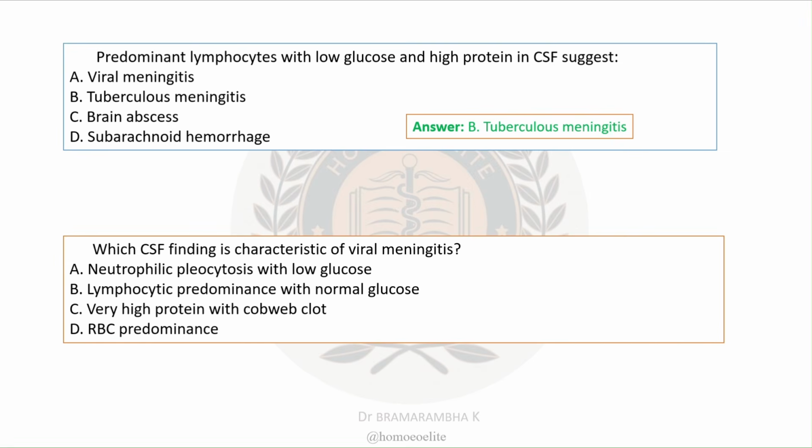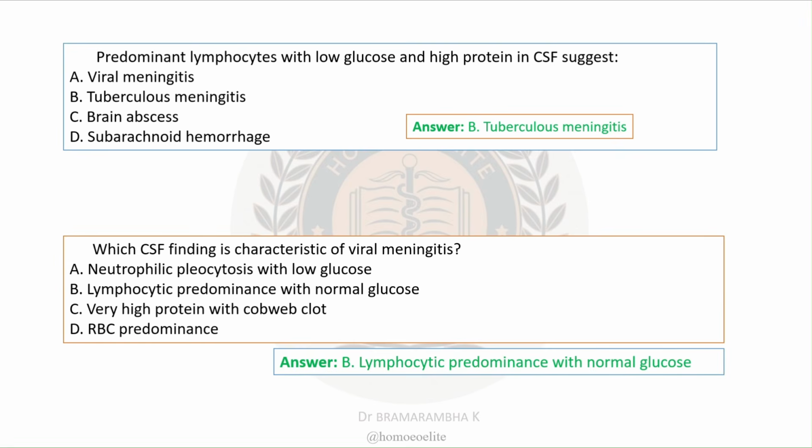Options are neutrophilic pleocytosis with low glucose, lymphocytic predominance with normal glucose, very high protein with cobweb clot, RBC predominance. Answer is lymphocytic predominance with normal glucose.